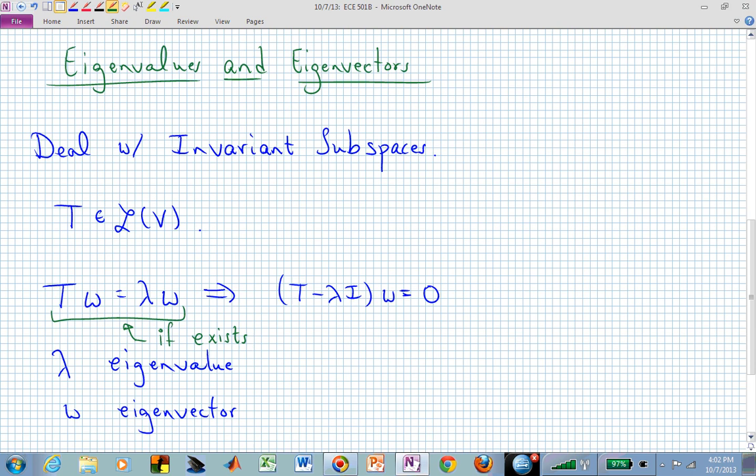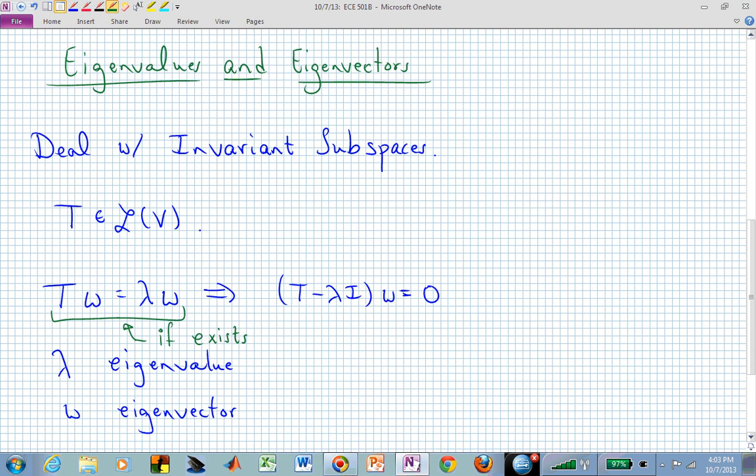Essentially, if you have an invariant subspace, let's say W, or a vector W, that when operated on by this linear map T, you stay in that same direction, then that's the eigenvalue-eigenvector relationship. TW is equal to lambda W. And you could rewrite that as this operator T minus lambda I times W is equal to 0.